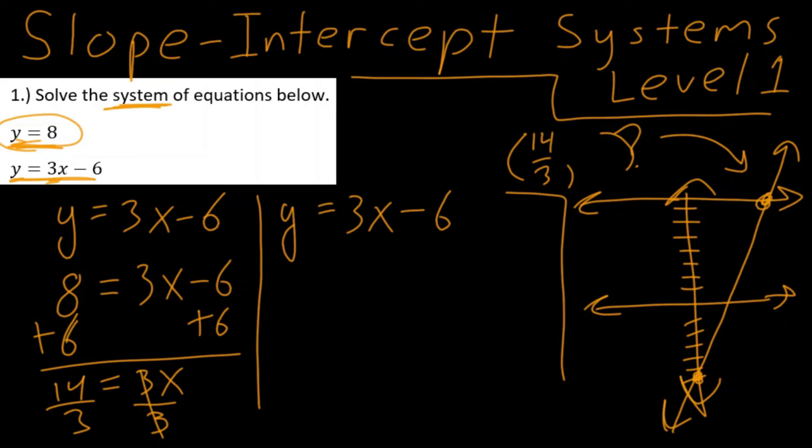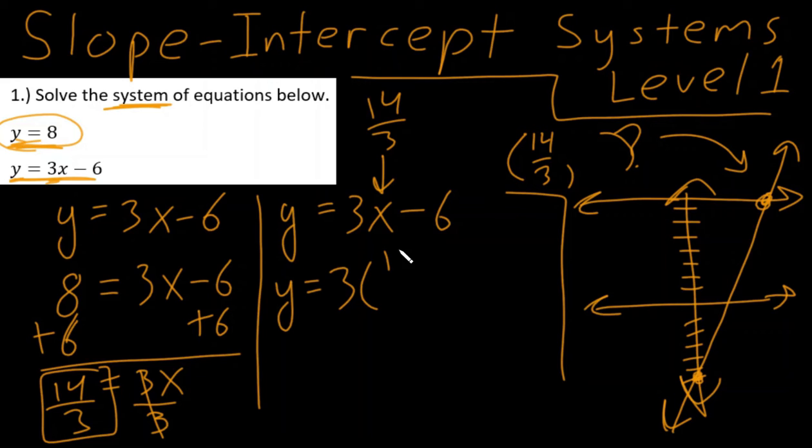We know that y is equal to 3x minus 6. This is one of our equations. And once you find out what x is, we know x is 14 over 3. Well, we are going to plug that 14 over 3 into this x. And check this out. Let's see what happens here. When we do 3 times 14 over 3 minus 6, one thing we should remember from our fraction assignment is that when you have a number in the numerator that is the same as the number in the denominator and you're multiplying, this is really 3 divided by 3, it reduces to 1 over 1, or essentially these numbers go away.